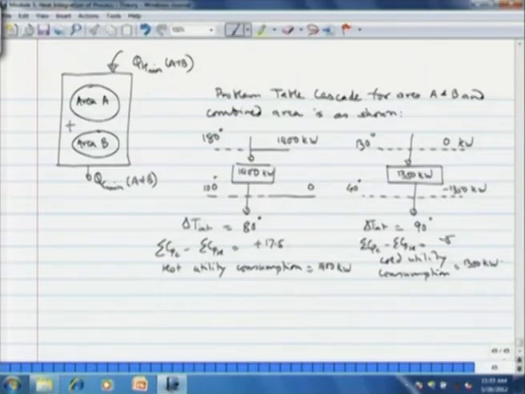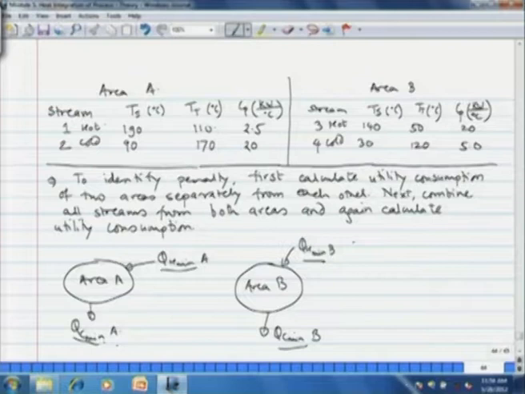So we have 2.5 into 80, delta T interval 80, and then we have another cold stream that is available at 90 degrees and has to be heated to 170 degrees. So the shifted temperatures are 100 and 180, so that requires 80 into 20, that is 1600 kilowatt of energy. The one that could be supplied through the hot stream is 200. Here I'll write the balances for you.